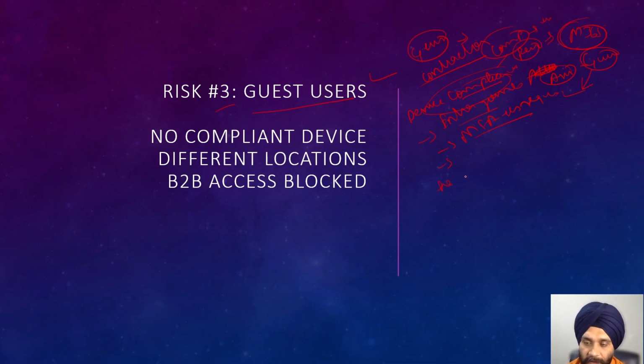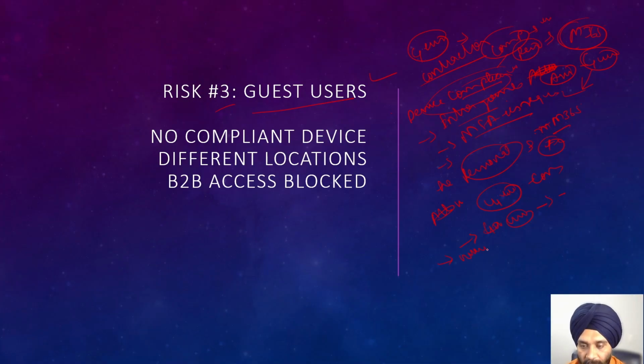When he logs in from a personal laptop, he doesn't meet the M365 device compliance requirement, whether the firewall is running or not. So if you include these guest users in your conditional access policy, these users will not be able to log in.